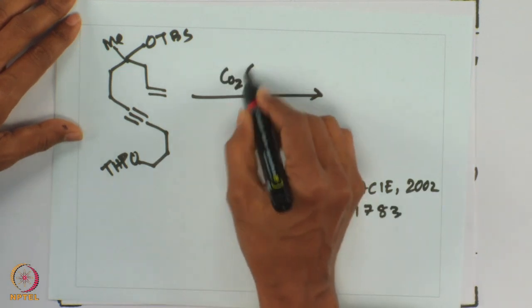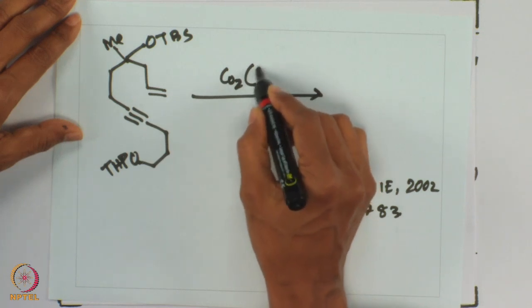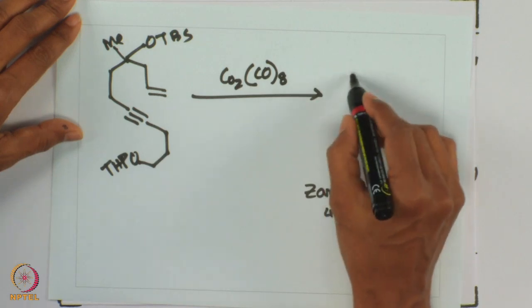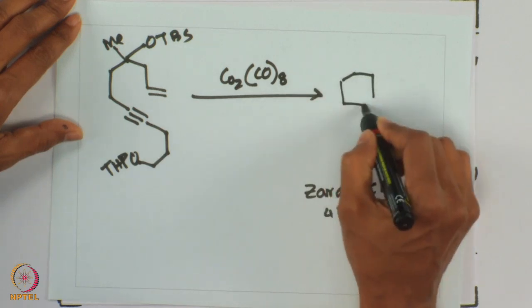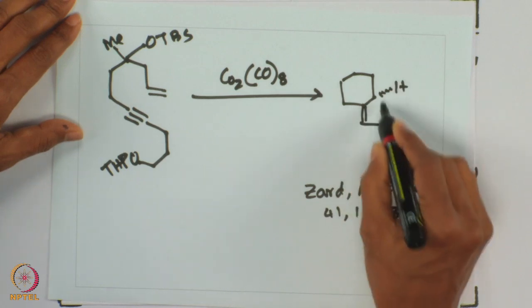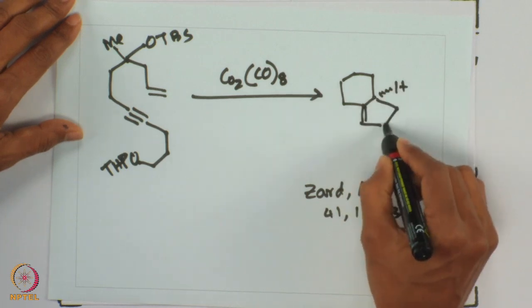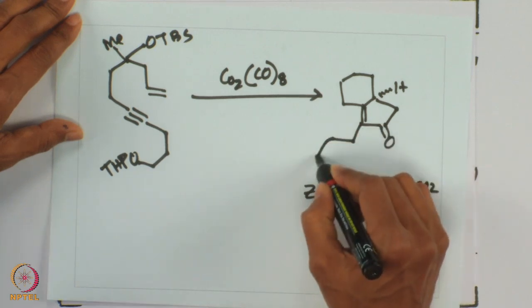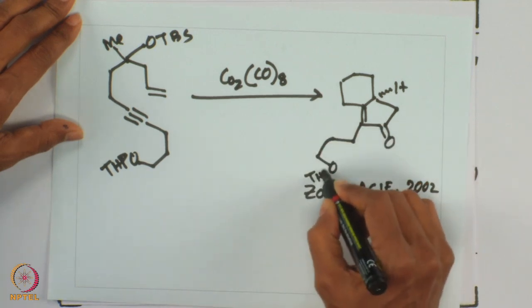The starting material you need is again the dicobalt octacarbonyl species, and overall you get this product very efficiently, and the desired cyclopentanone is formed rather easily in these cases, right.